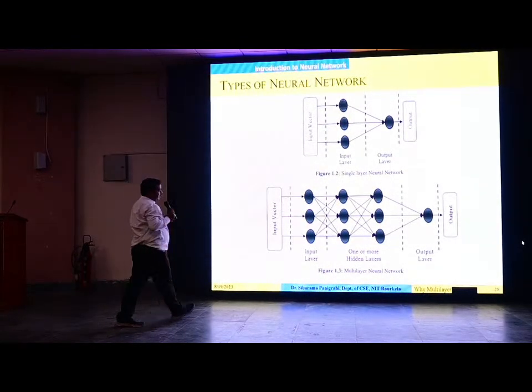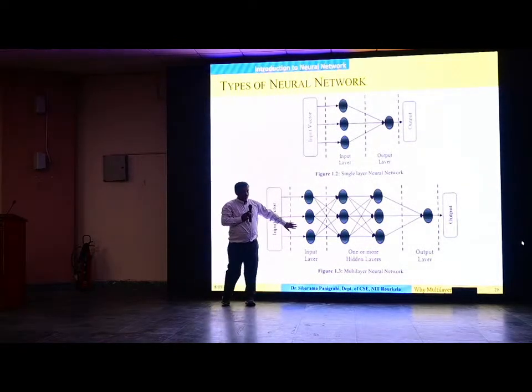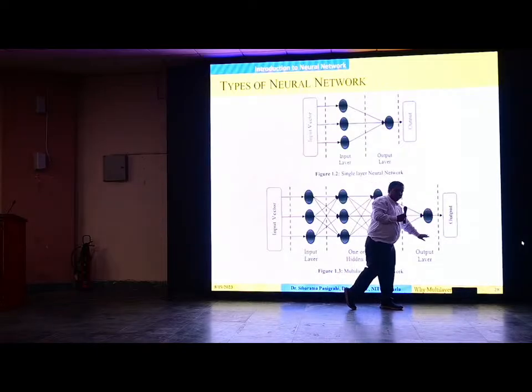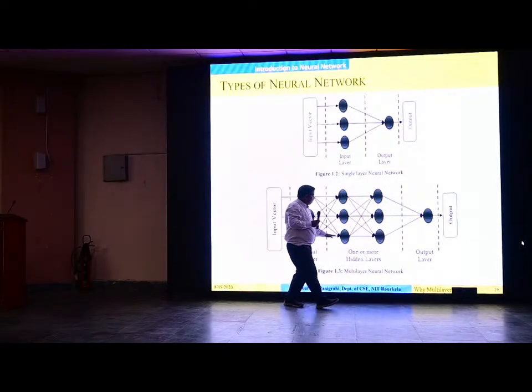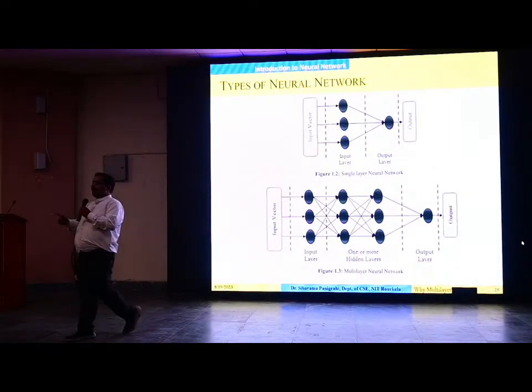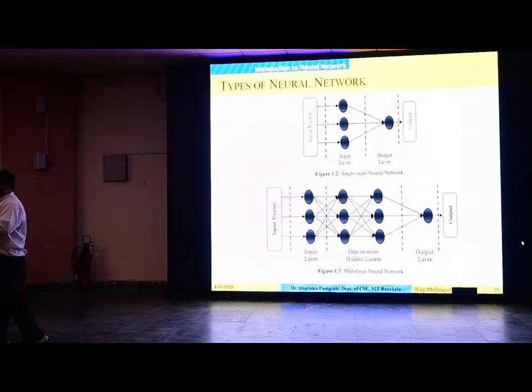Another type is the multi-layer neural network: one input layer, one output layer containing a neuron, and in between any number of layers you can keep. And in any layer, you can keep any number of neurons.